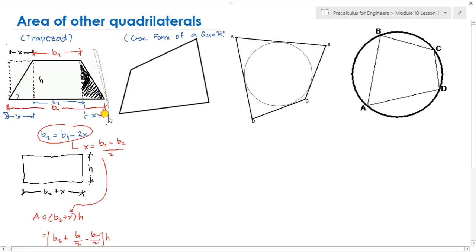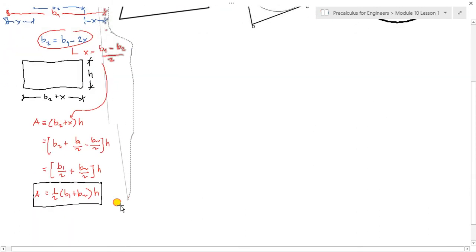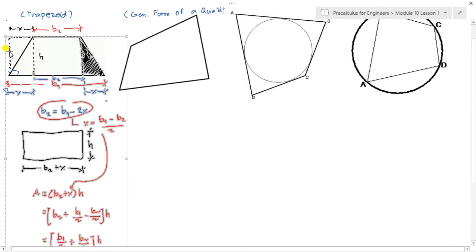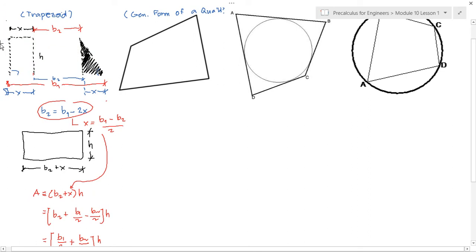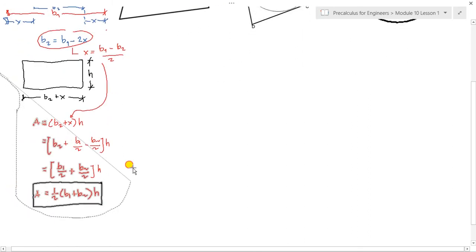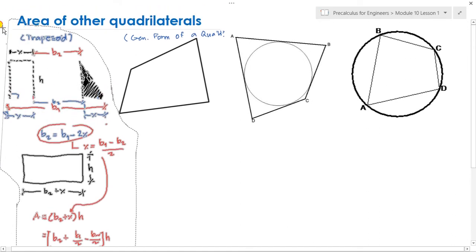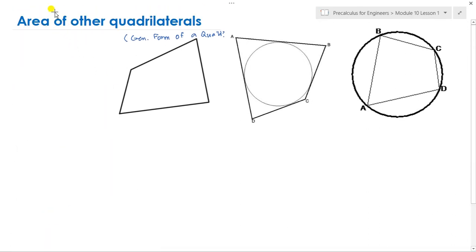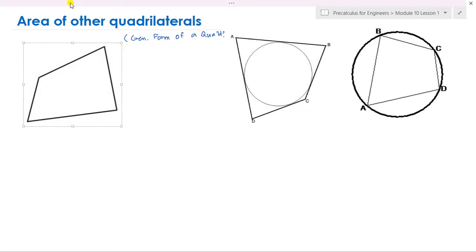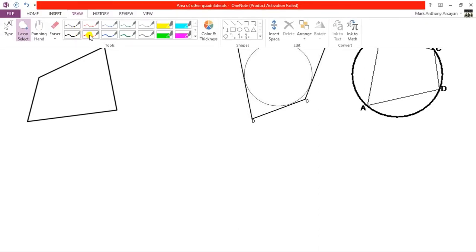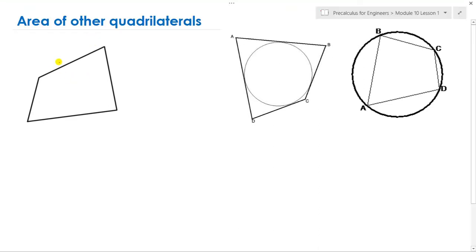So that it's not crowded, let's just delete this. Okay. So here, for a general form of a quadrilateral, given are the sides.